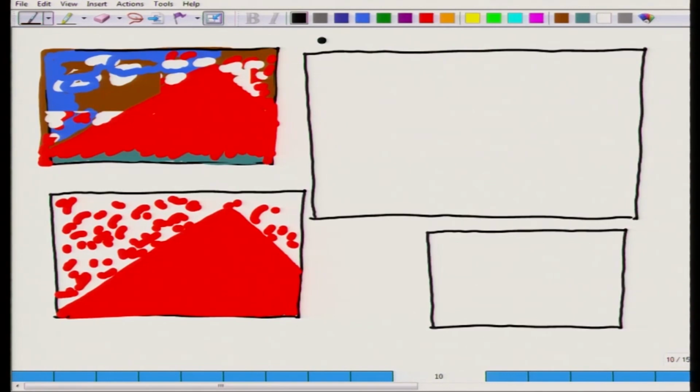Now, let us see some examples of how we have balance in a composition with color.